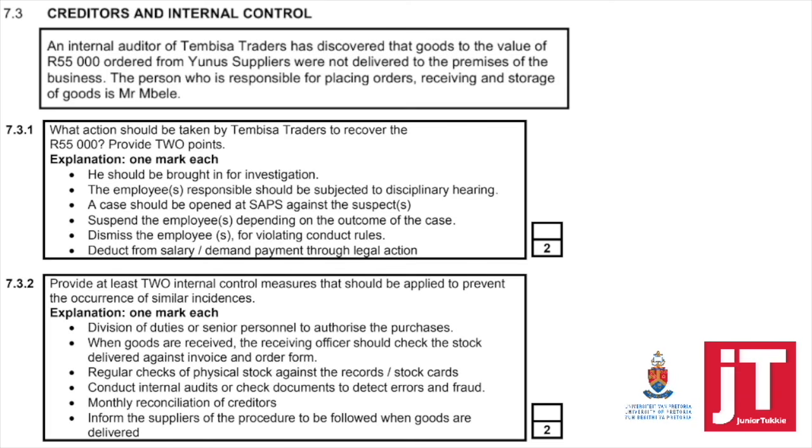Regular checks of physical stock against the records or stock cards. Conduct internal audits or check documents to detect if there are any errors or fraud. Monthly reconciliation of creditors. Inform the suppliers of the procedure to be followed when goods are delivered. So these are all possibilities.